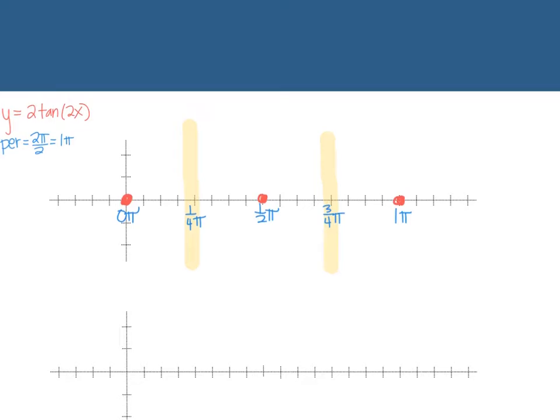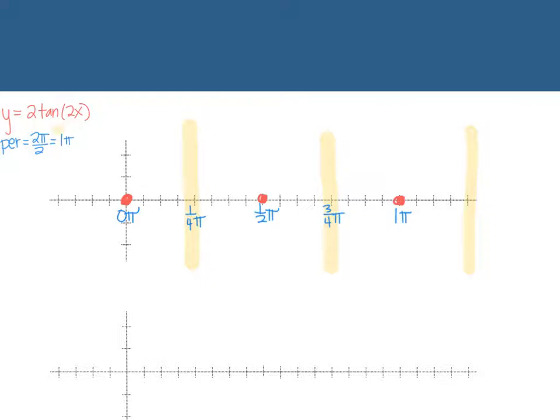Once you have your 5 important pieces labeled, I would encourage you to draw a few more pieces. So if we went out farther to the right, what would come after that last dot that I've drawn? What would the pattern be next? Another asymptote, so I might as well make another one. And if I went to the left, if I went backwards, what would be created there?